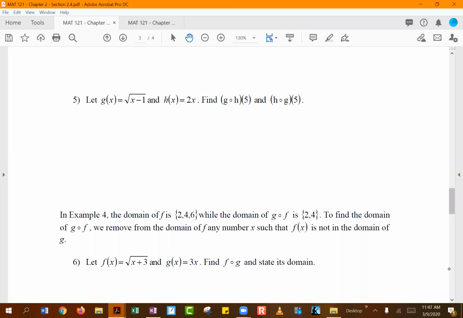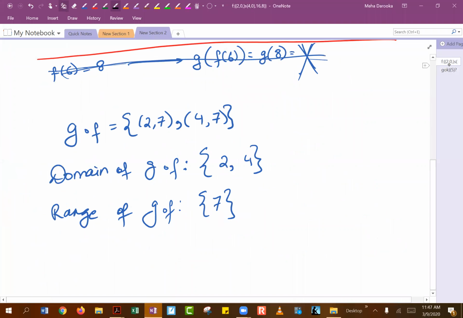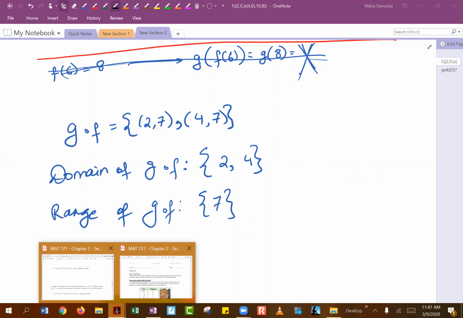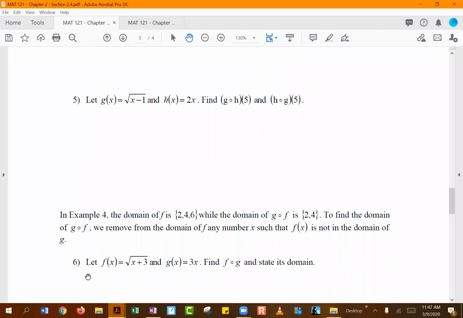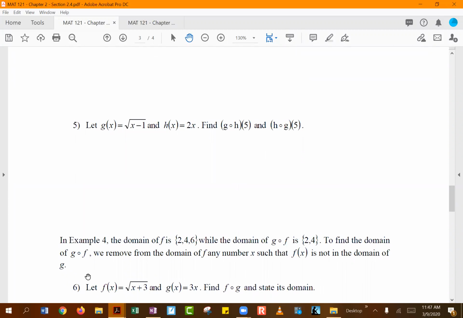But when we did the domain of the composition, you only had 2 and 4, right? You can go back and take a look at that. They're talking about basically not being able to use that 6, because the 6 came with the 8, and the 8 did not have a place in the domain of the g function.